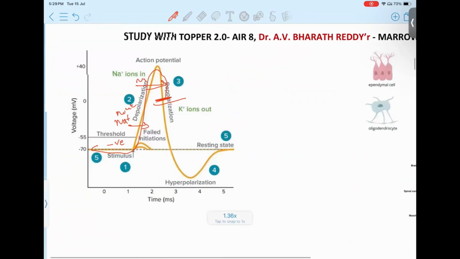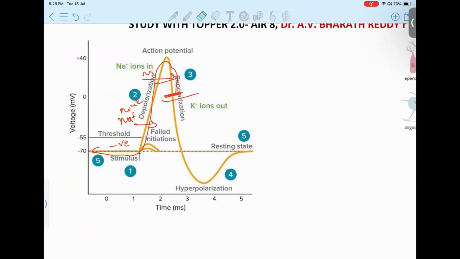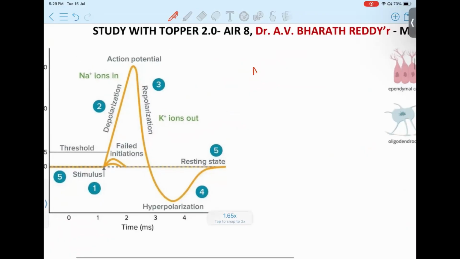Next, moving on to the action potential. So let's see what the action potential is. The action potential is formed by the different types of resting potentials. For example, your neuron is at minus 70 millivolts of resting membrane potential.